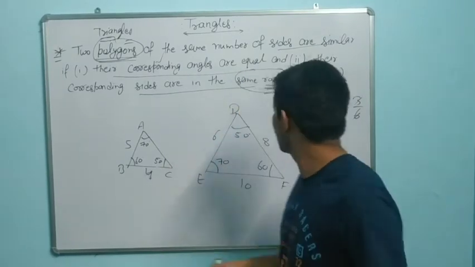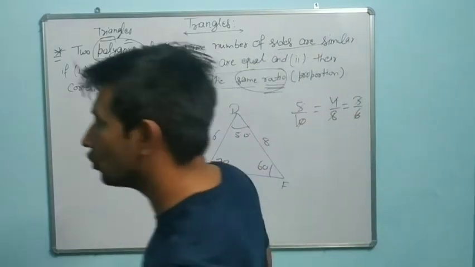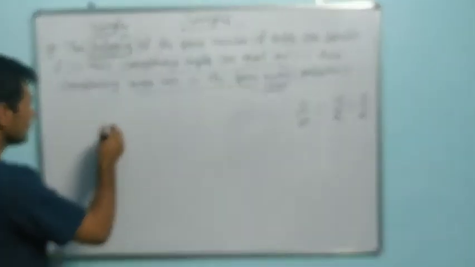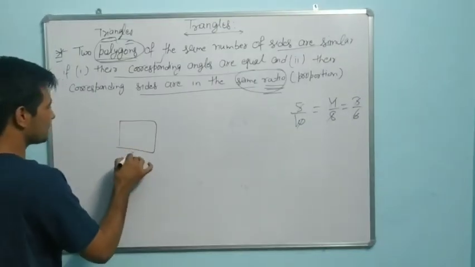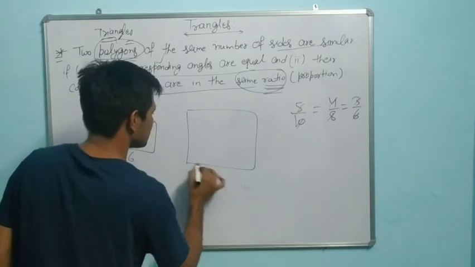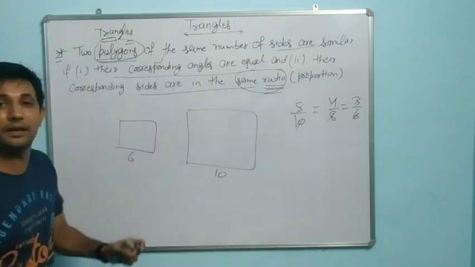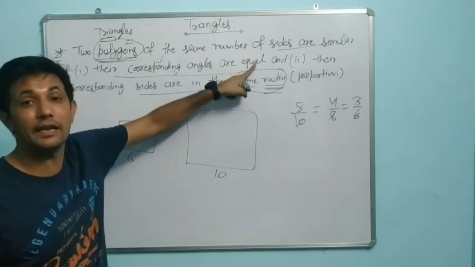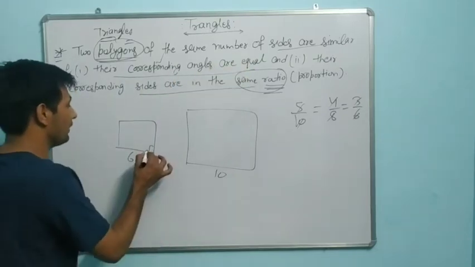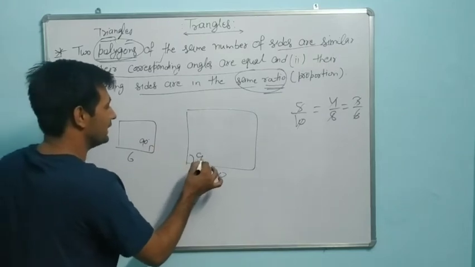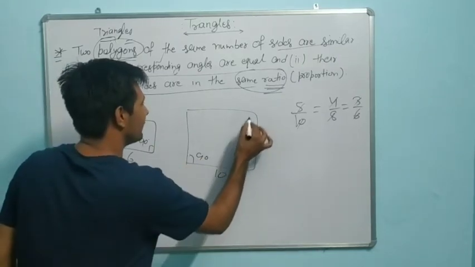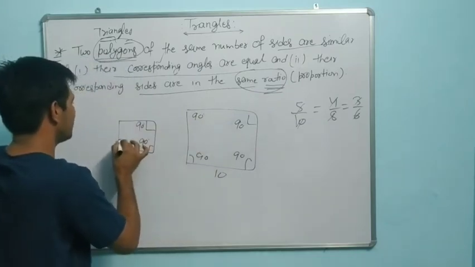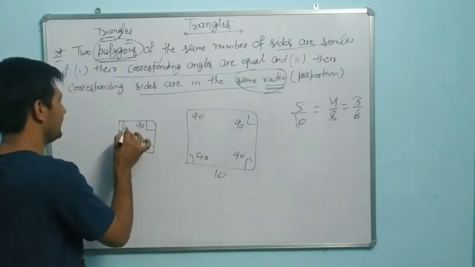Are two squares similar or not? Yes, why not? One has side 6 and the other has side 10. Are they similar or not? Similar. For similar, what are the two conditions? First, corresponding angles are equal. Everyone knows in a square each angle is 90 degrees.